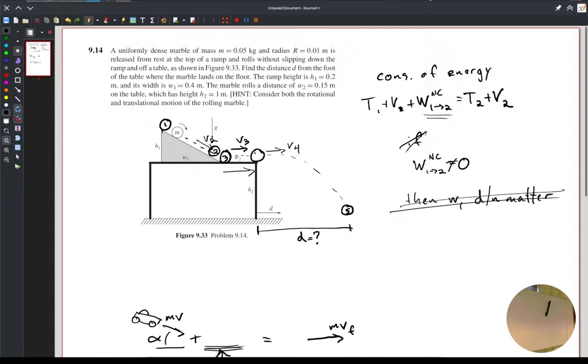Trying to solve it all in one equation. Okay. Like going from 1 to 2, well, it's still on the lane.